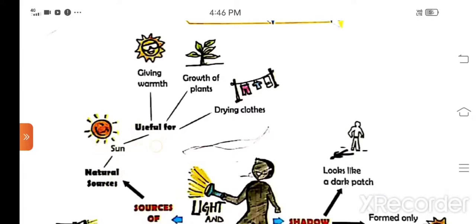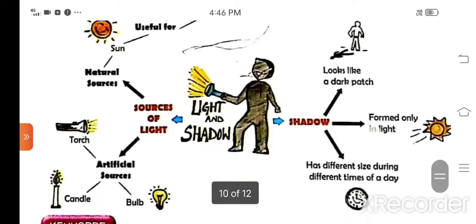And these are the uses of the sun: giving warmth. The sun's heat keeps us warm during cold days, and it helps the growth of plants. The plant needs the sun's heat to grow, and for drying clothes we need sunshine for drying our wet clothes.